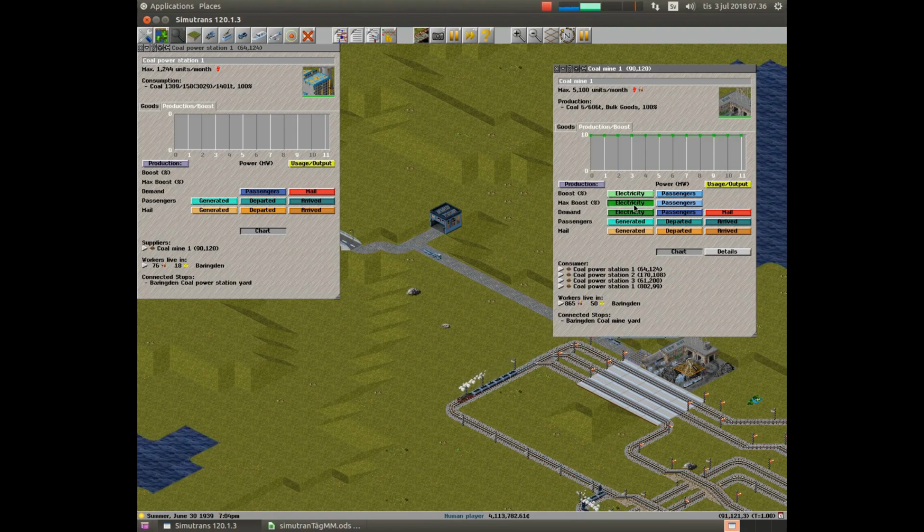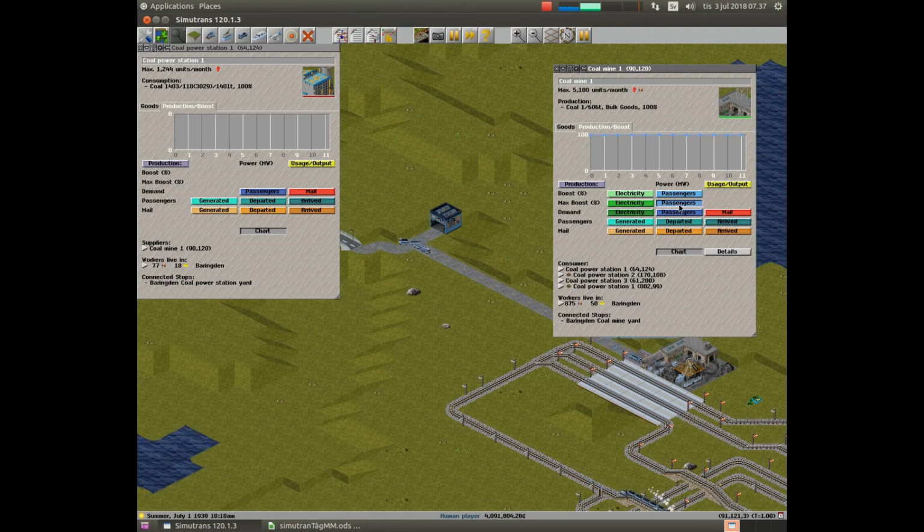So for a mine, you increase the production by 10% if you electrify the mine. So you not only get money by electrifying and selling the electricity, you also get more production.